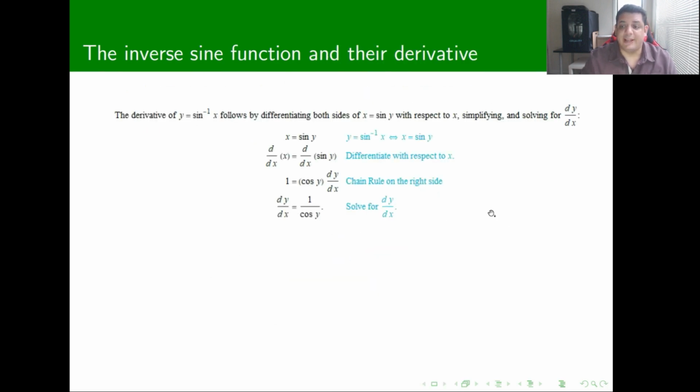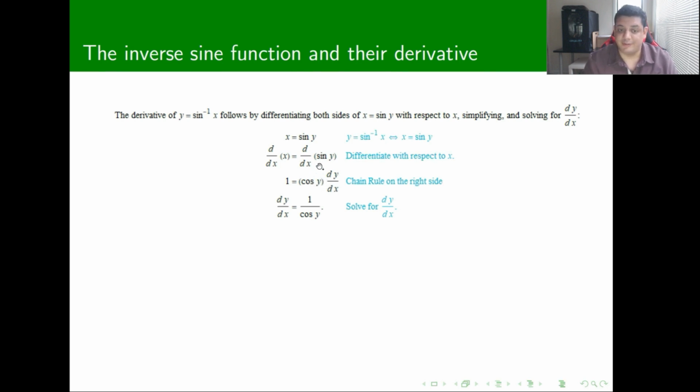Now, thanks to that, we can use the fact that we have an implicit function of y to take the derivative. Notice if we have x equals sine of y, coming from y equals sine to the minus 1 of x, then we can take the derivative on both sides. Over here is going to be simply 1, and on the other side we're taking the derivative of sine of y, which is really easy and we know, which is cosine of y.